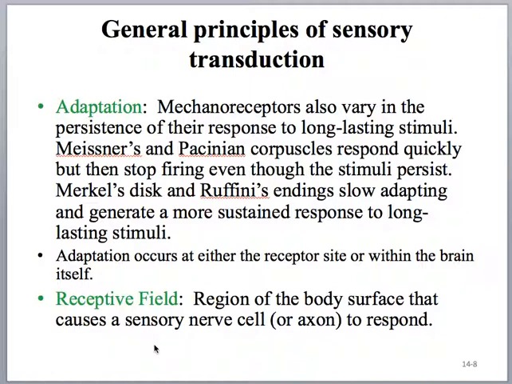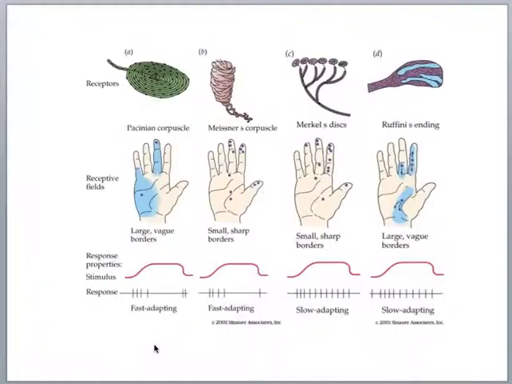The receptive field is the area of the body surface that causes a sensory nerve cell to respond. Here we're looking at the different types of mechanoreceptors: the Pacinian, Meissner, Merkel, and Ruffini. It describes the different receptive fields, and so the Pacinian corpuscle has a large receptive field.